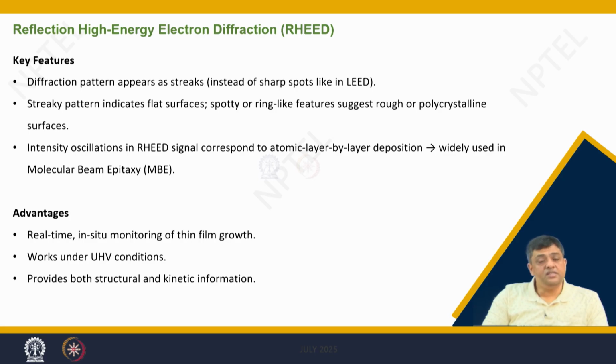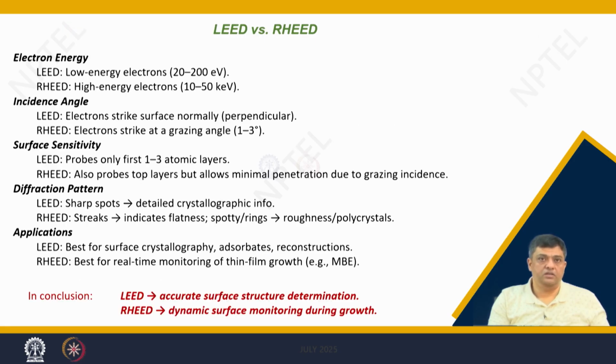And the intensity oscillation in RHEED signals atomic layer by layer deposition, which is very common in the molecular beam epitaxy method of obtaining epitaxial growth of nanostructures. So, it is a real time in situ monitoring, but it works under high vacuum and it can give information about structural and kinetic data.